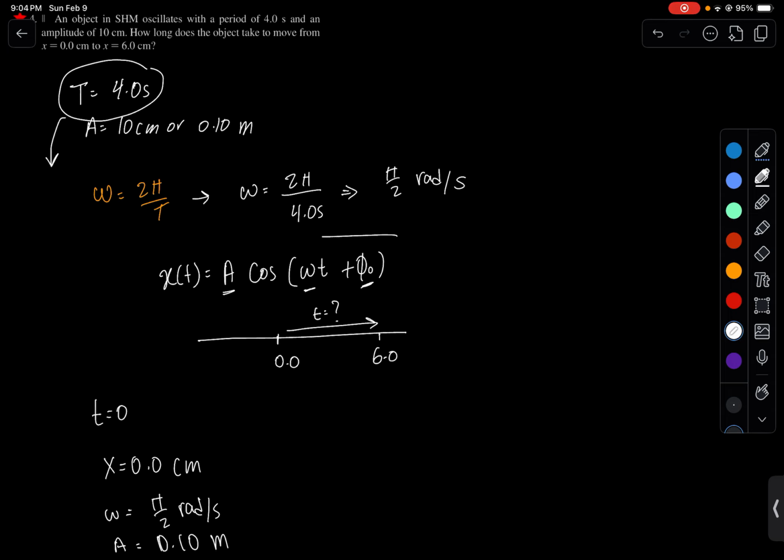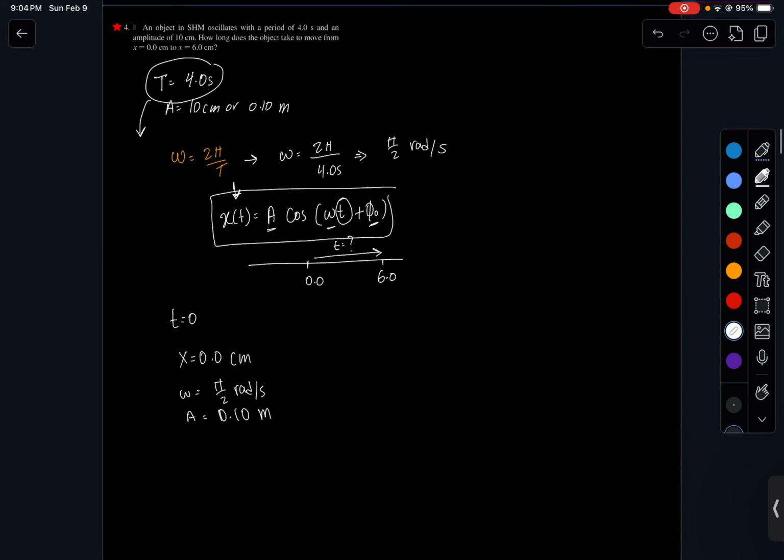Let's plug it into this equation to find the phase constant, because after finding the phase constant, we can place x equals 6 centimeters into our equation and find t. That t allows us to find out how long it takes the object to move from position 0 centimeters to position 6 centimeters.